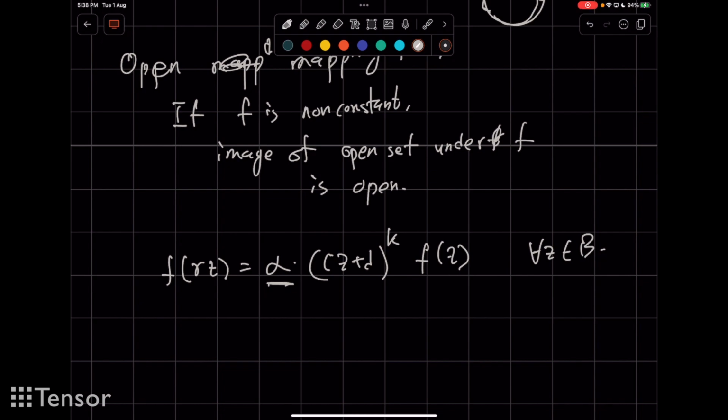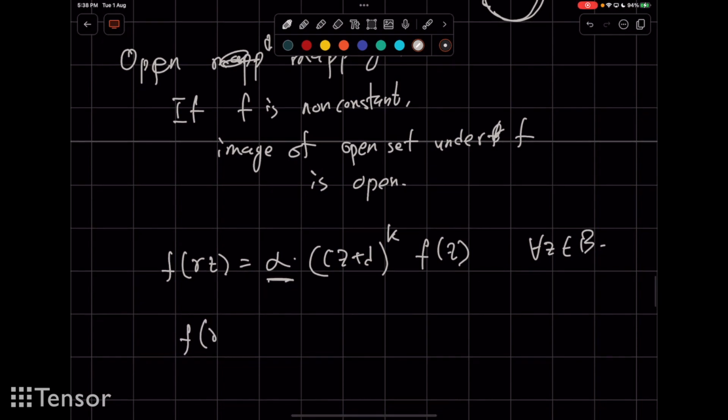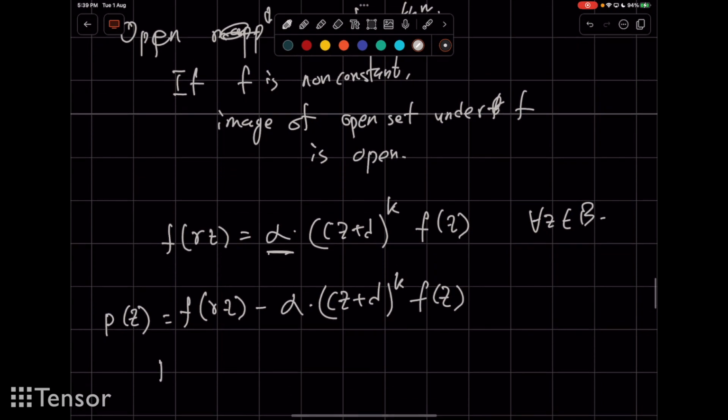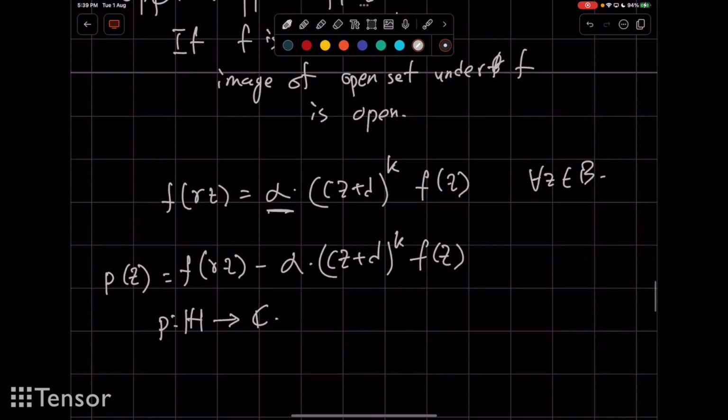Now let us define another function. That is f of gamma z minus alpha times (cz plus d) to the power k times f of z. Let's call this function p of z. And obviously, let's say this is from the upper half plane. p is defined on all of the upper half plane, right?